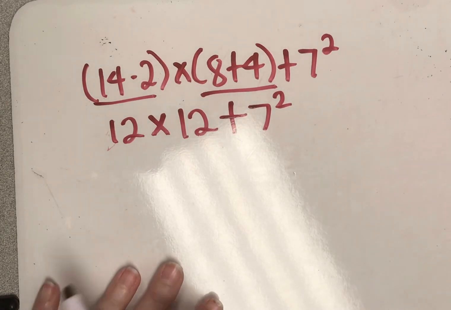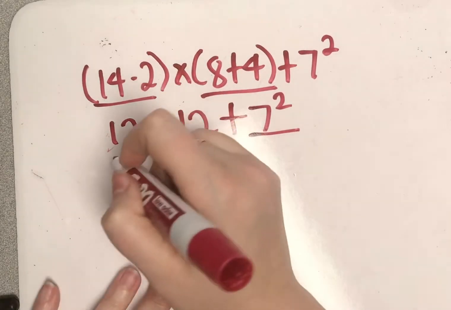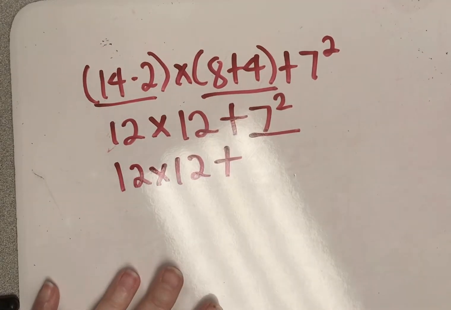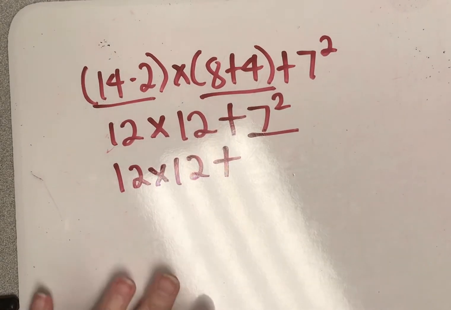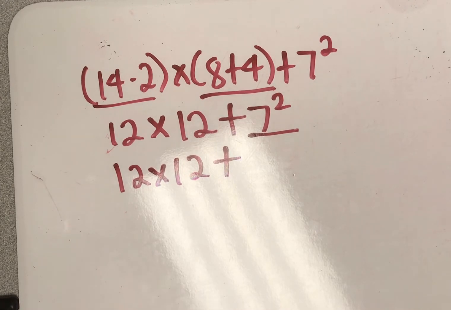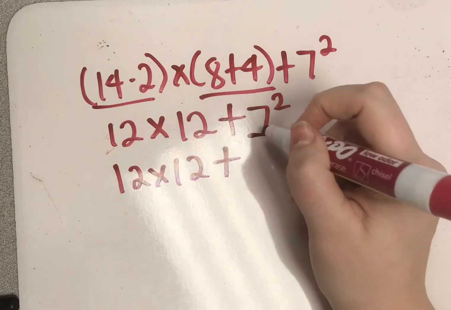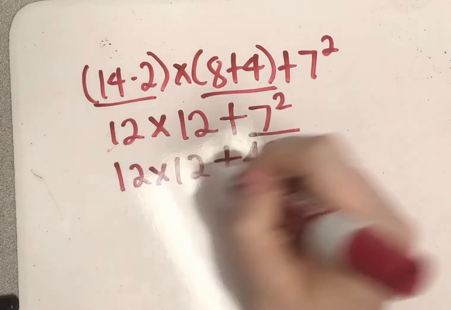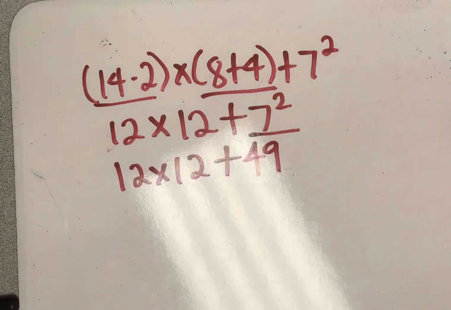Now we check for exponents. Got it. 12 times 12 plus 7 squared. What is 7 squared? Whisper it into your hand. I hope you didn't say 14. 7 squared is 7 times 7, which is 49. Now we multiply or add next. Multiply.